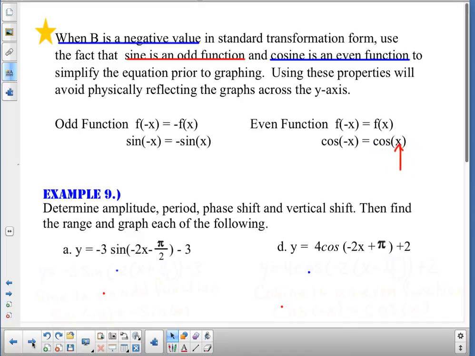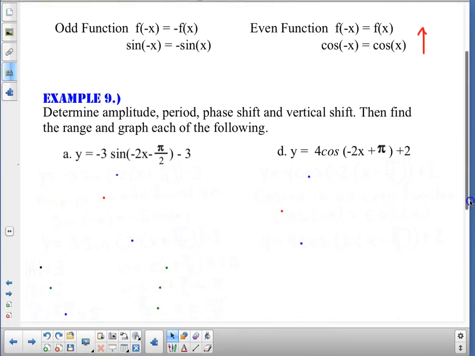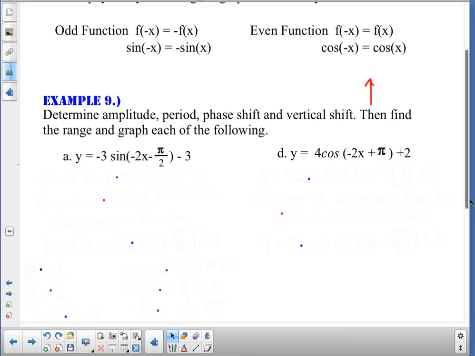Remember, this is all about the b value being negative. Using these properties avoids physically reflecting graphs across the y-axis, which is a pretty big bonus when you think about how complicated a sine or cosine graph could get, and it really simplifies the whole situation for us.